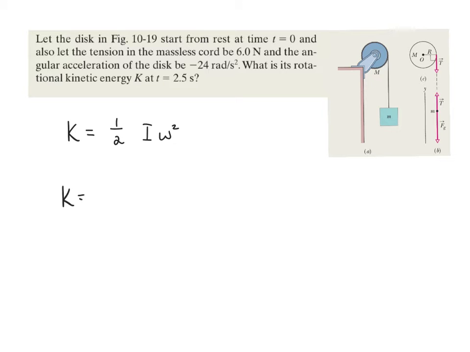We can replace I with 1/2 m r squared, times omega squared. And we're trying to figure out this kinetic energy at a given time. So how is that time going to help us in this problem?